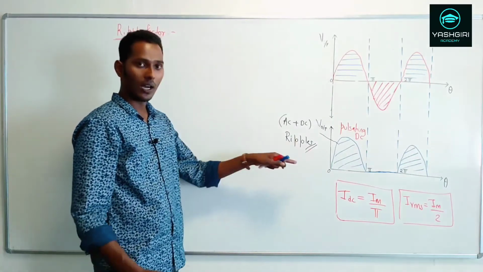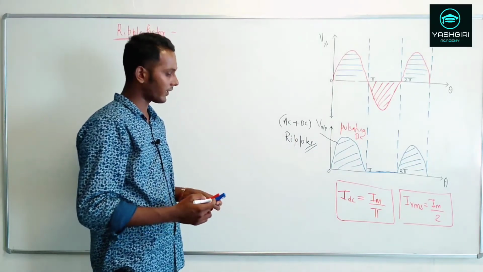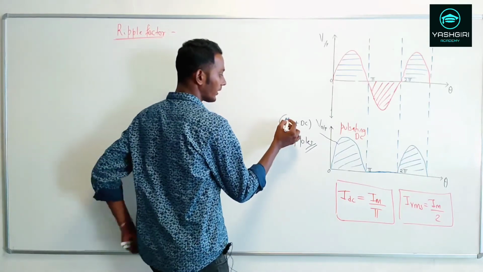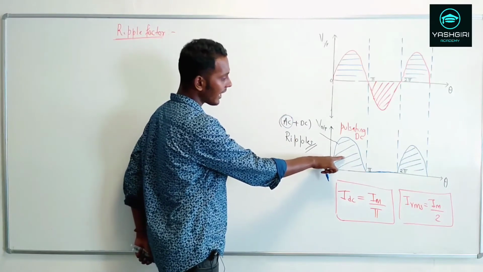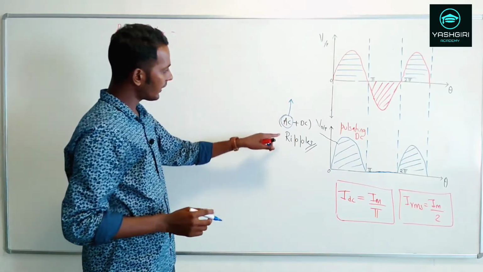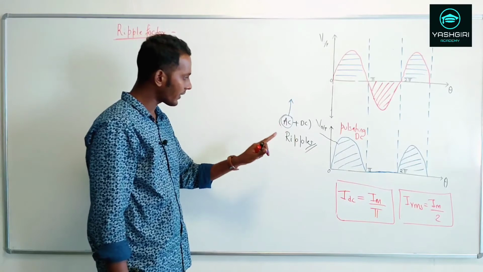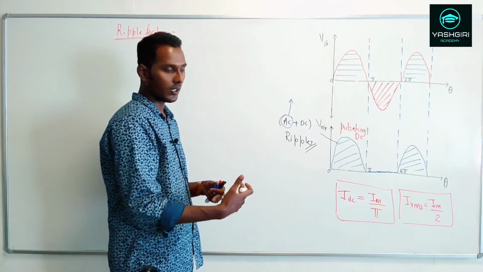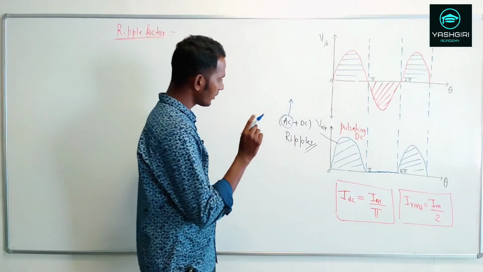If you want to know how good your rectifier is, or the effectiveness of your rectifier, one should know the magnitude of the AC component that is present in this DC output. So the AC component matters. If this AC component is very small in magnitude, then you can say that your rectifier is very good, or the effectiveness of the rectifier is good.